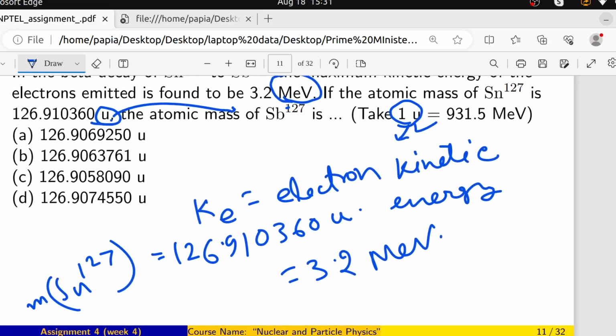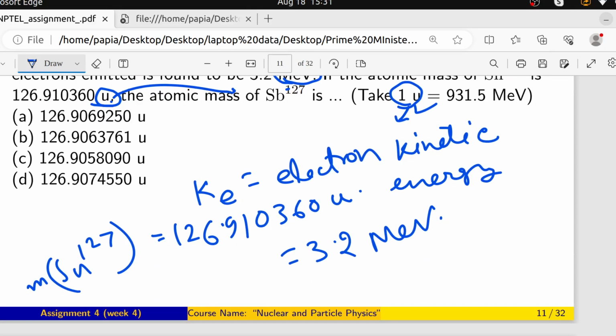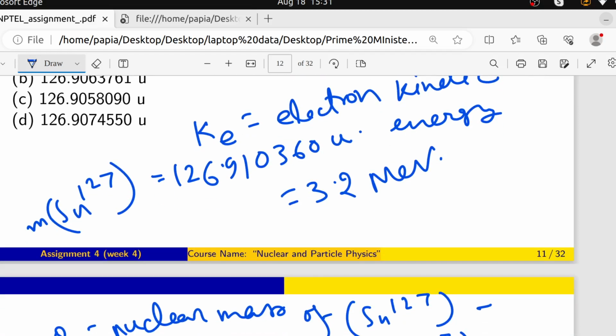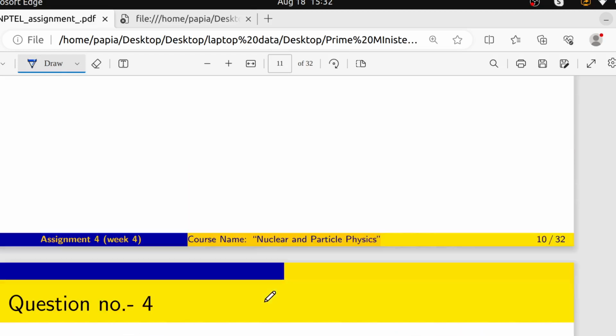The Q value has a general expression: Q equals nuclear mass of Sn127 minus nuclear mass of Sb127 minus mass of electron.